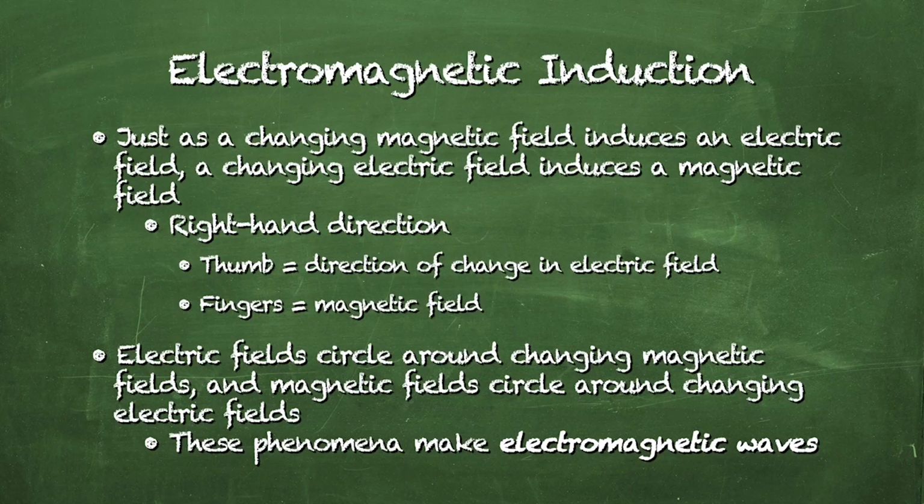Now just imagine for a second that I'm holding a positive charge and a negative charge, and they're right on top of one another so that they cancel each other out. There's zero net charge and there's going to be no electric field.